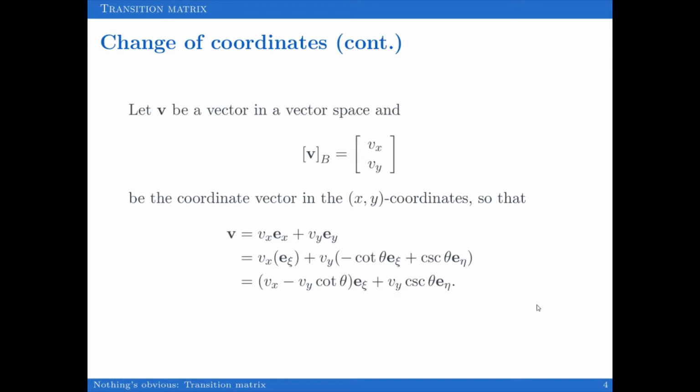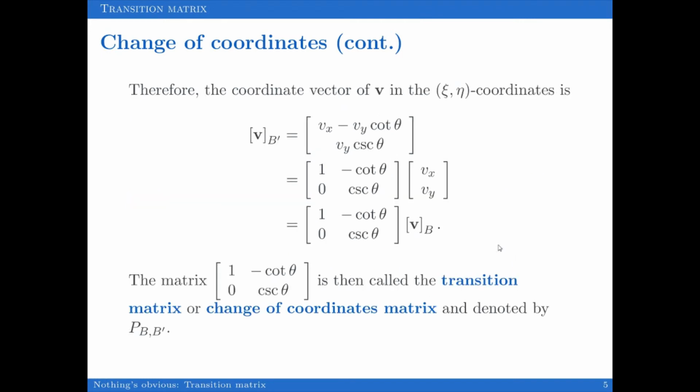So for any vector v in a vector space, in the Cartesian coordinate, we can write it as a linear combination of e_x and e_y, where v_x and v_y are the components of v. And from the previous slide, where we discussed e_x and e_y in terms of the new coordinate system psi-eta, we write them down in terms of e_psi and e_eta.